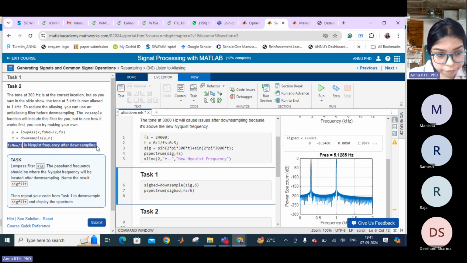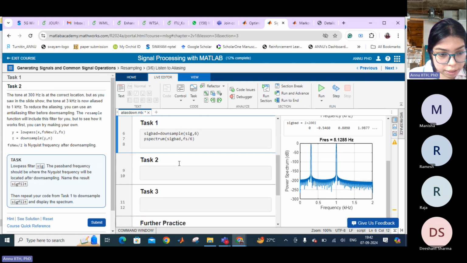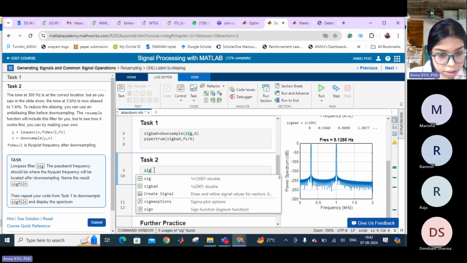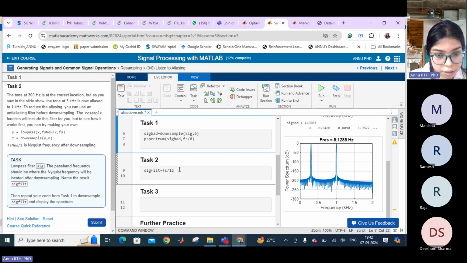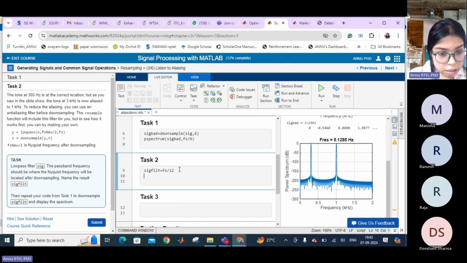The lowpass filter's passband frequency should be where this Nyquist frequency will be located after downsampling. So sig_filter is fs by 12, because it is fs by 2 new frequency divided by 12.